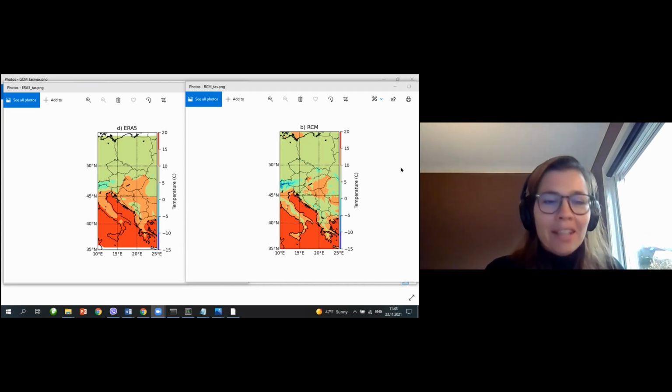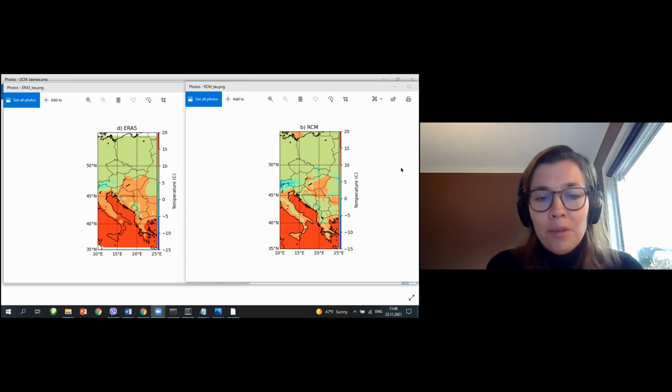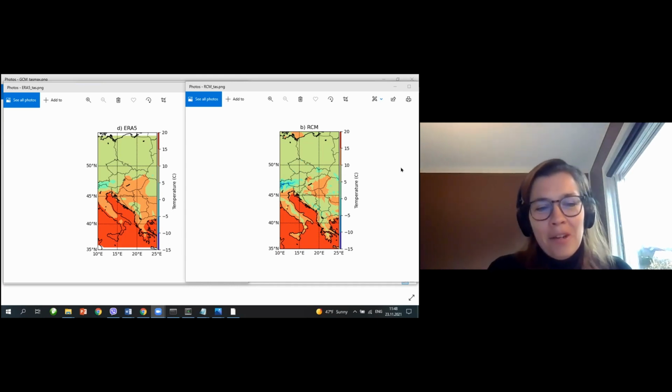Sometimes your regional climate model in some regions can be better than the reanalysis, because in some regions you don't have a lot of observations. Sometimes reanalysis are just another model. Reanalysis are good, they are based on observations, but they are not perfect. So just something to remember.